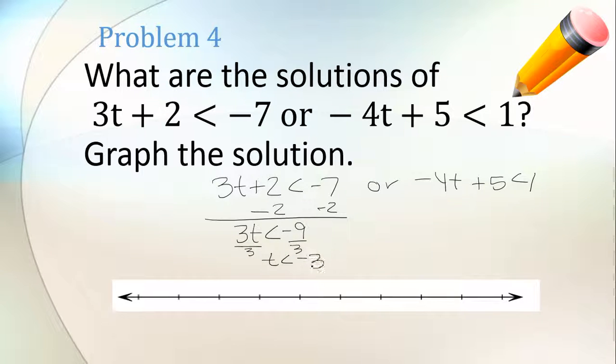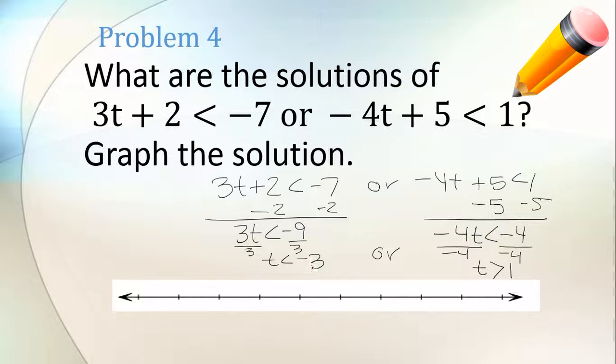So I get t is less than -3. Now let's hold off on that. Let's figure out this side. So I'm going to subtract 5. And I get -4t is less than -4. Divide by -4. Now, just like when we were doing, if I ever divide by a negative, my inequality symbol needs to flip. So I'm going to get t is greater than 1.